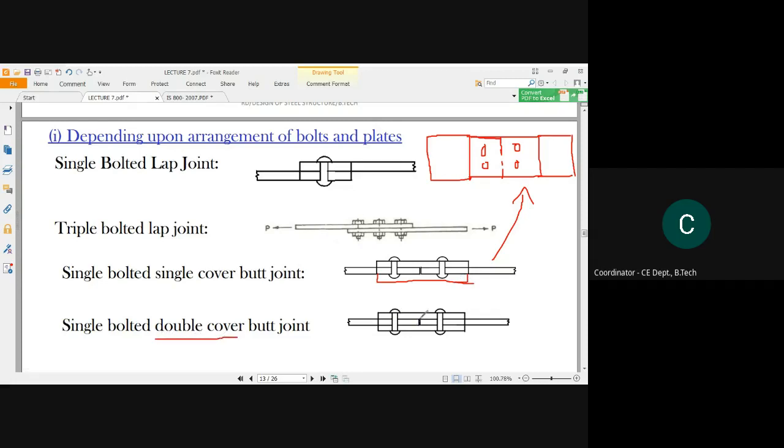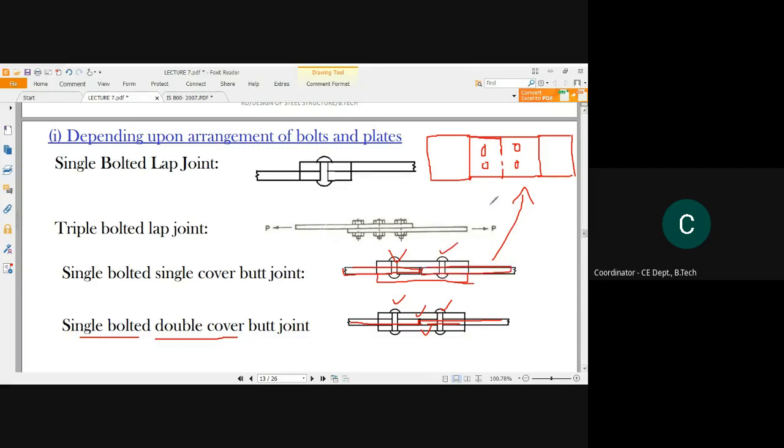The cover given to this butt joint is 1, 2, double cover, and single bolted, because for this member only one bolt series is going, and this member is taking only one bolt series. That is why this is called single bolted. For this part also, this member was taking only one bolt, and this member was also taking one bolt.